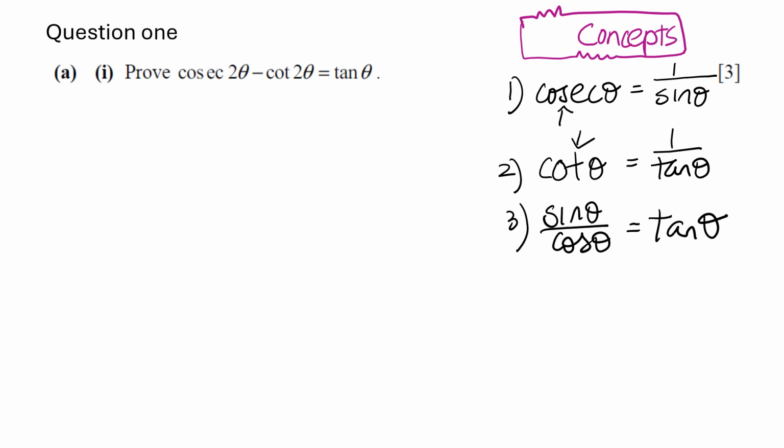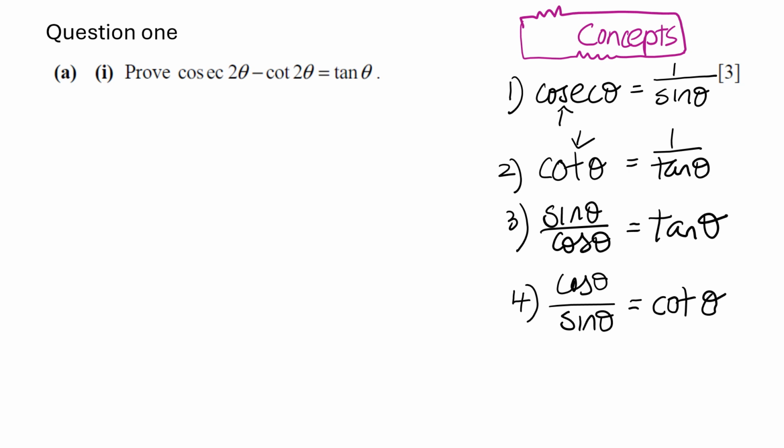Yes, we need to know how to express tangent theta as sine theta over cosine theta. And if you look at this question, what other concepts do you think you need to have? Yes, of course, if sine theta over cos theta is equal to tangent theta, then cos theta over sine theta will be equal to cotangent theta.